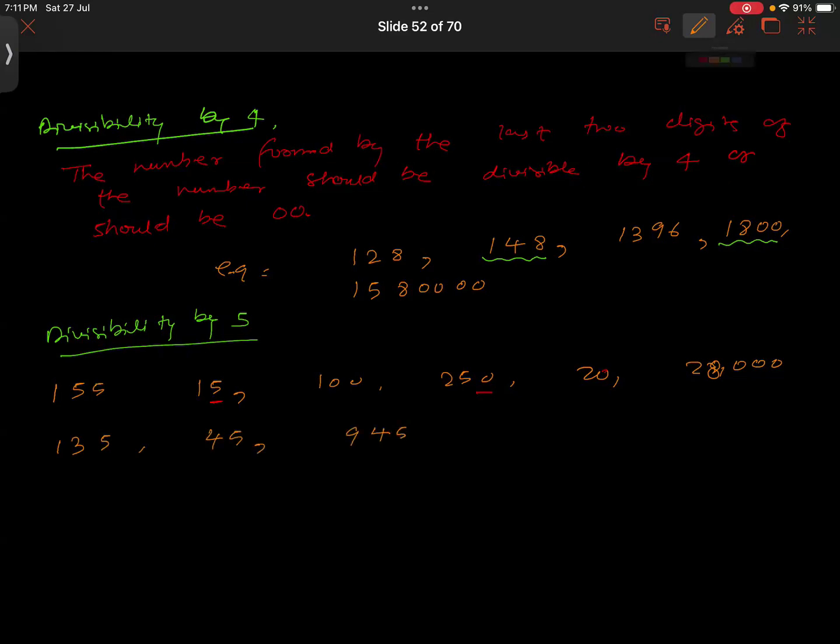All of them are either ending with 5 or ending with 0. We could have taken other examples also, like 155, 135, 45, 945. All of them are either ending with 5 or the number 0. Getting it? So any number that ends with either 5 or 0, or we can say has 0 or 5 at its unit place, is going to be divisible by 5.